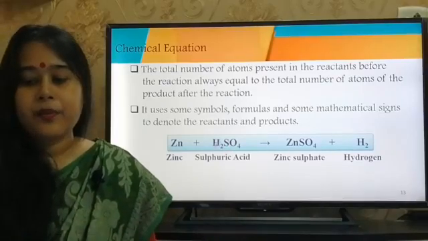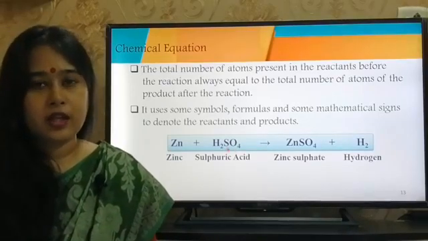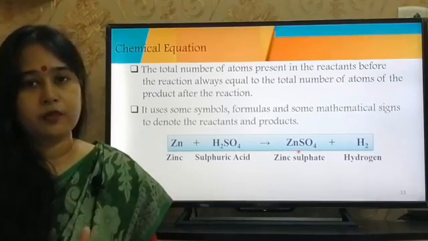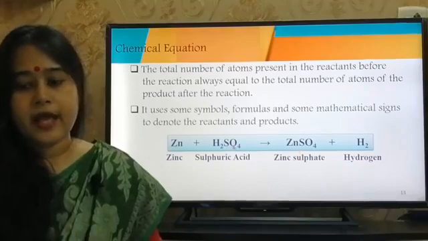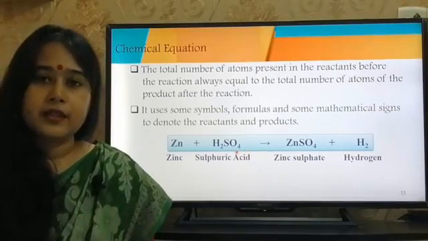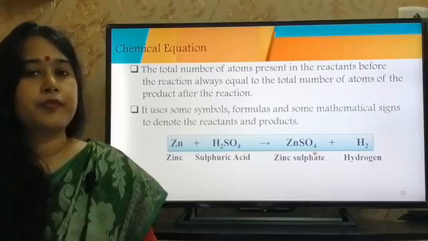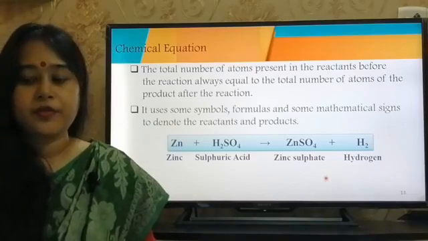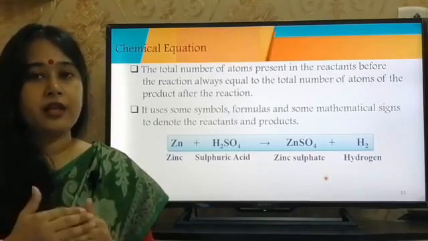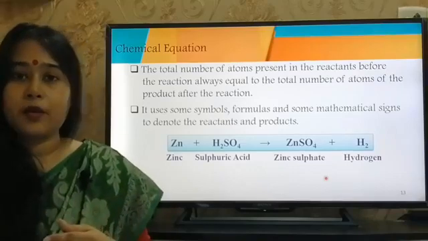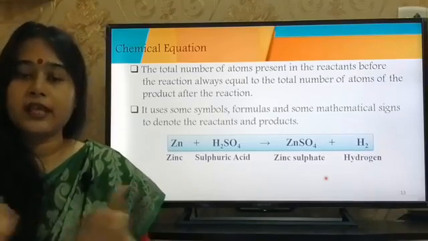And here 1 sulfur atom on the reactant side and 1 sulfur atom on the product side, and 4 oxygen atoms on the reactant side as well as 4 oxygen atoms on the product side. So whenever we count the atoms on the reactant side and the product side, they are all equal.